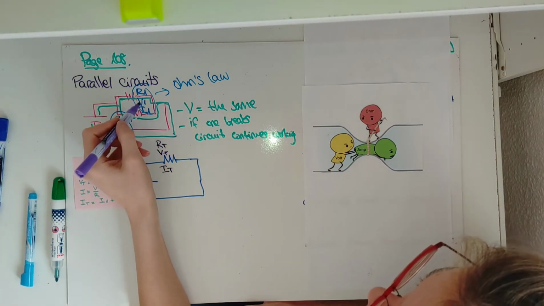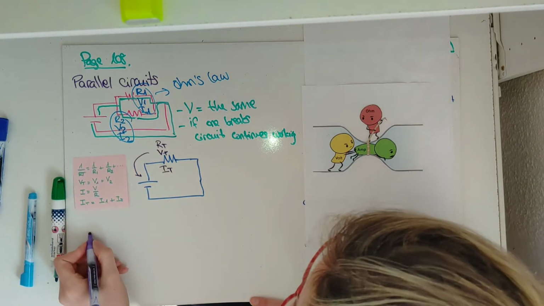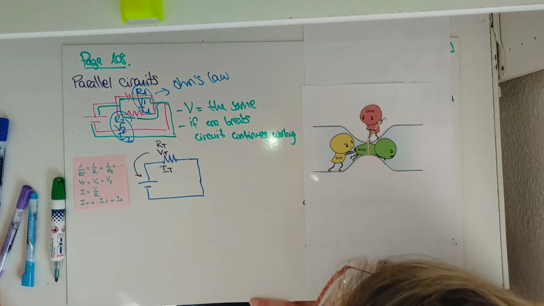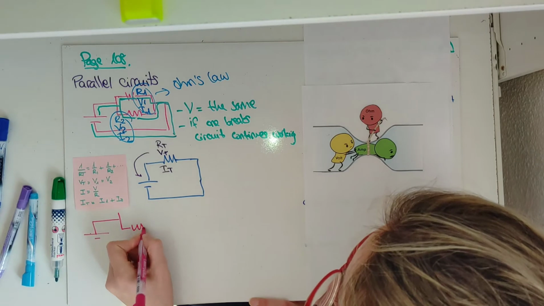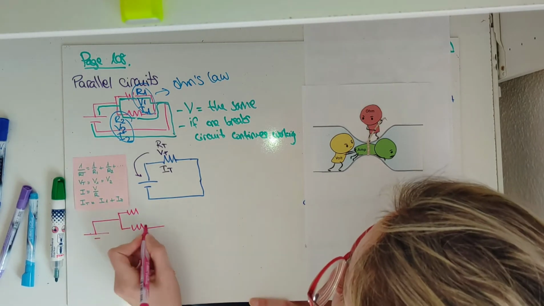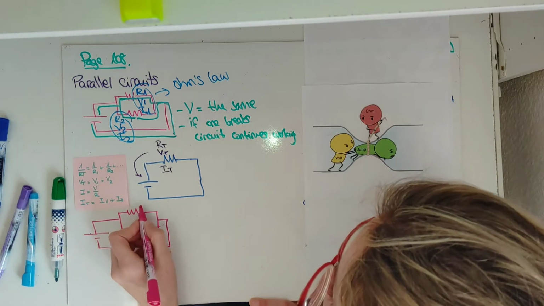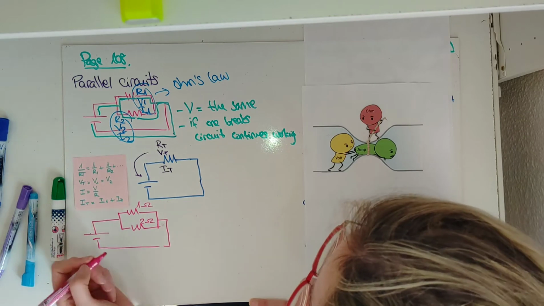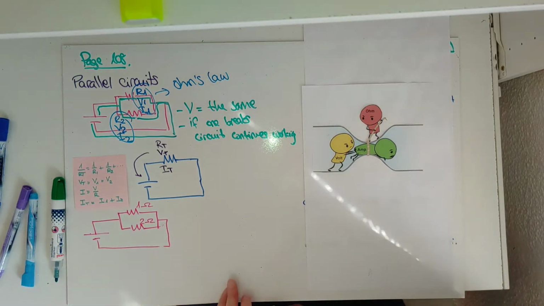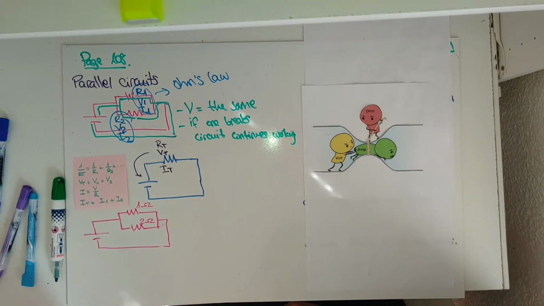I'm going to do an example with small values like 1 ohm and 2 ohm, and the battery, well, doesn't matter because I want you only to calculate the total resistance of the circuit.